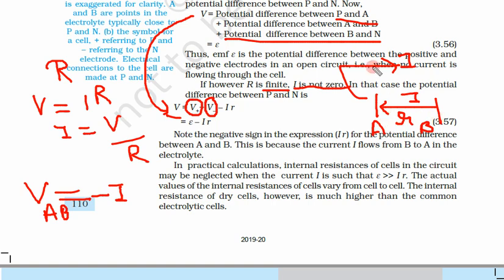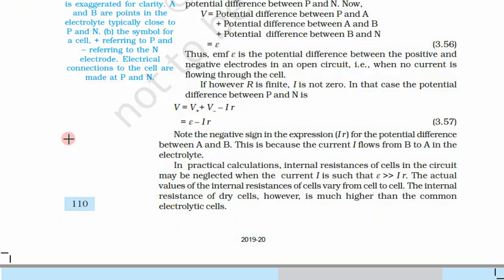Outside current is in positive direction, inside current is in negative direction, and V is equal to IR, r inside is small r. So the total potential now is V positive plus V negative minus Ir, and this V positive and V negative was epsilon, so epsilon minus Ir. So this is the case when there is some resistance which is not infinity.